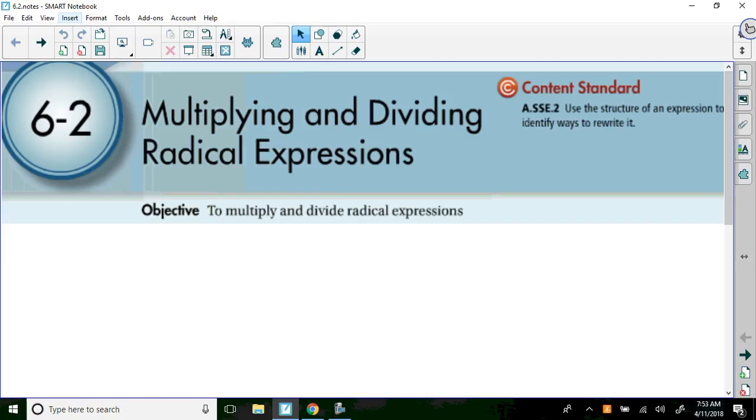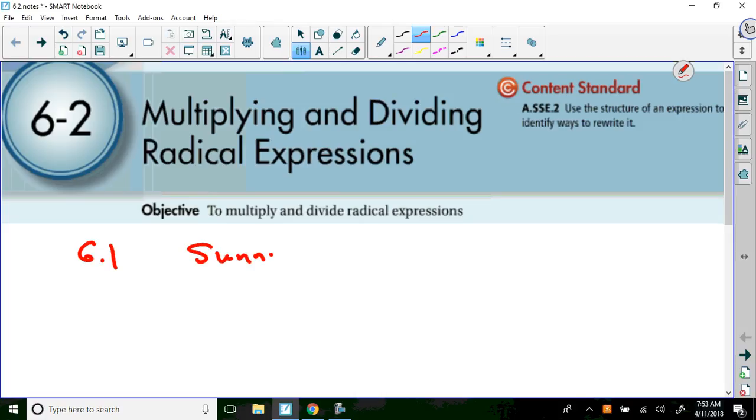If you were here on Monday and Tuesday, in 6.1, basically what happened is it was sunny and 70 in Newton Falls. If you missed that, I'll recap one more time. We were simplifying something like the square root of 25x squared y to the 6th.